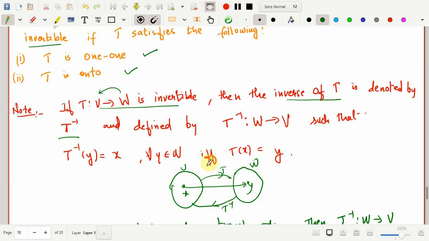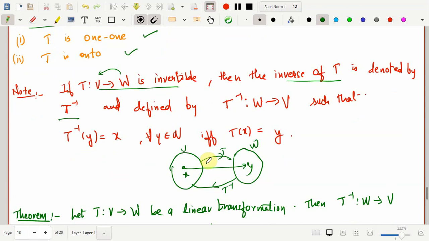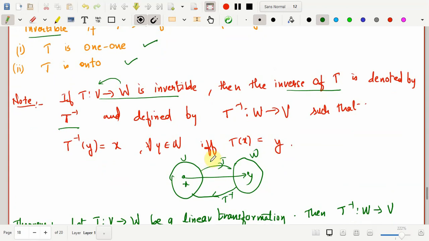So that's the definition. Once we have defined this, the next question that should arise is: if a linear transformation T from V to W is invertible, what can you say about its inverse? Is it going to be a linear transformation?